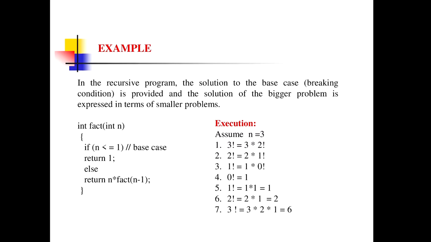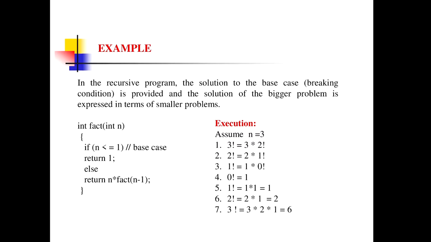And now we just see the tracing. Here I take the value of n as 3, and I want to find out the factorial of 3. All of you know that the factorial of 3 is 6. But how is it true with this recursion? So at the first call, what happens? The value of n equal to 3 is passed to the function.